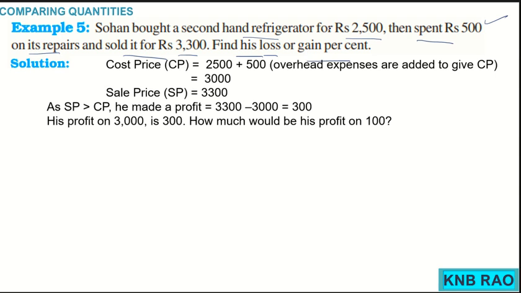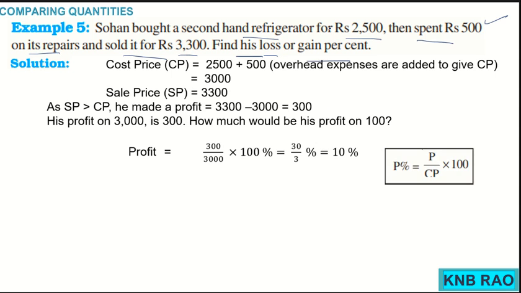Hence, his profit on 3000 is 300. How much would be his profit on 100? That is profit percentage. I have already given the formula: profit percentage is profit upon CP into 100 percent. So that gives here 300 out of 3000 into 100, which is 10%.